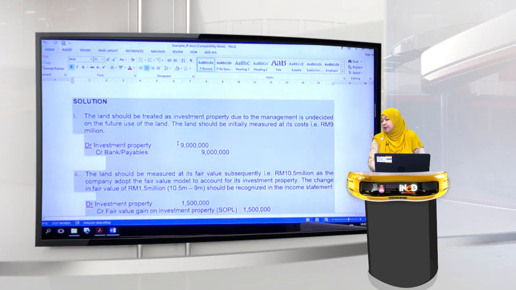Subsequently, the land would be measured at fair value, that is 10.5 million, as the company adopts the fair value model to account for its investment property. So the difference between the fair value of 10.5 million and the carrying value of 9 million, which is 1.5 million, will be recognized in the income statement.